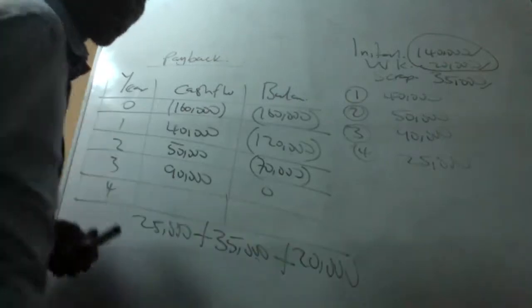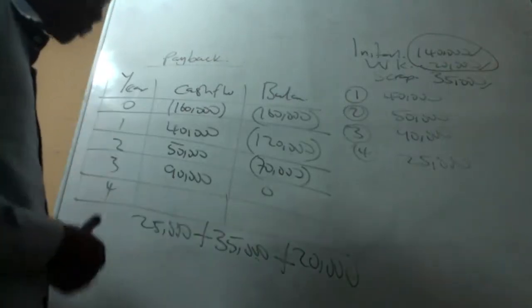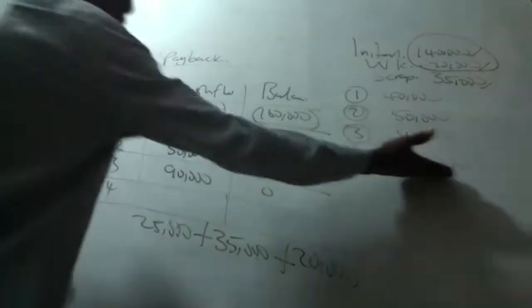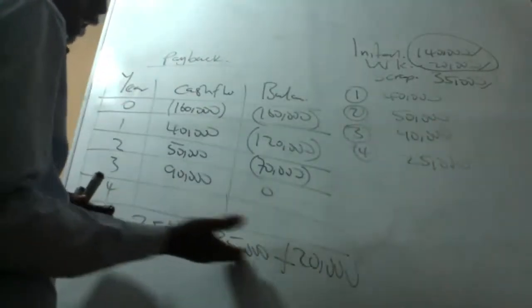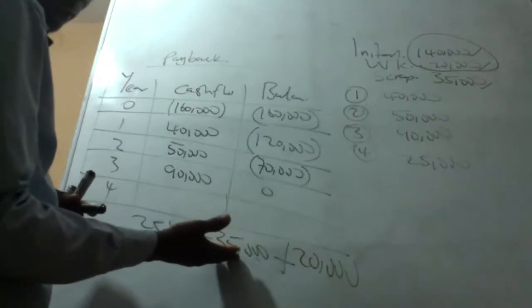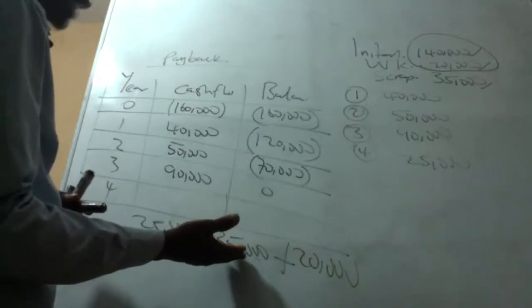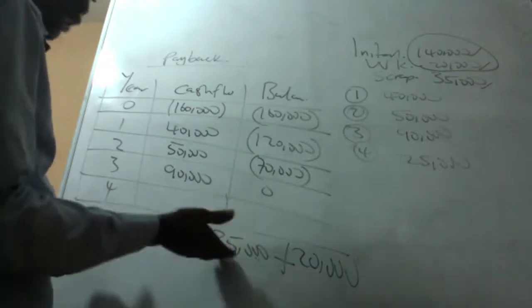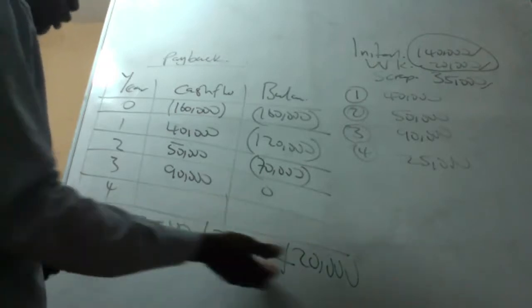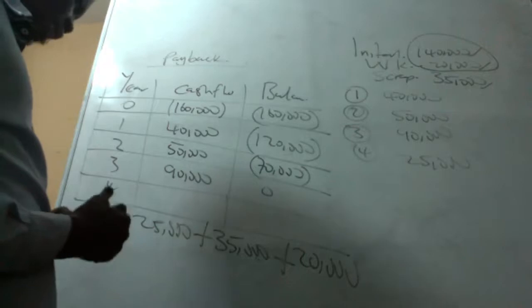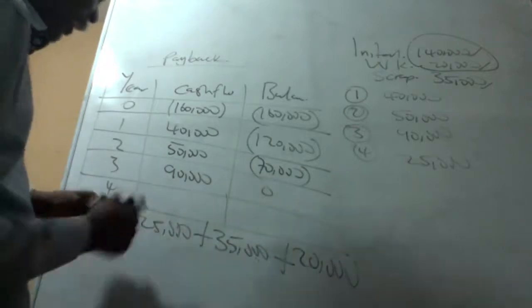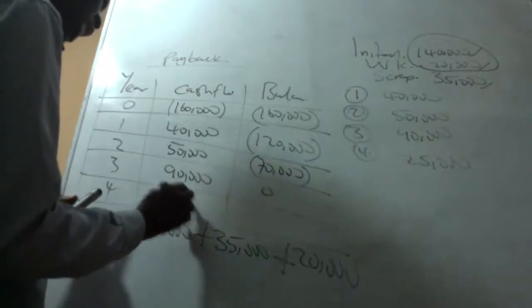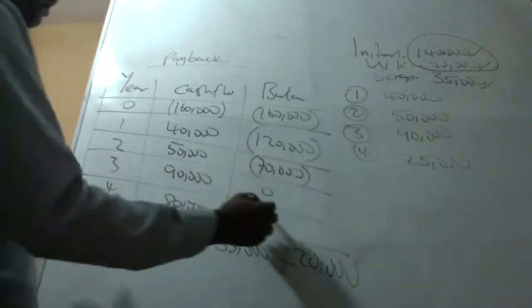For the last year, you add the cash flow there, which is 25,000, and then the scrap value, because when they dispose of it, they'll get money, 35,000 added, plus the 20,000. In all, this and this give us 60 plus this, 80,000. So here the cash flow should be 80,000.